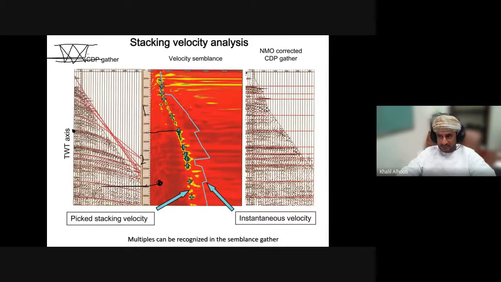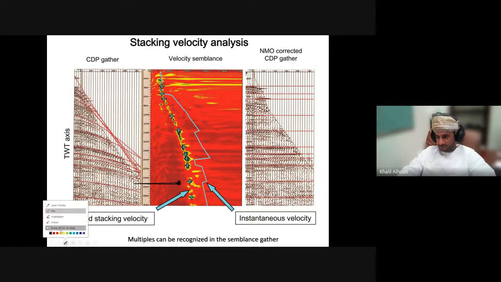Since it's still traveling in the same layer, it's not going deeper, it's still the same layer. It means this velocity, instead of here, it could be here. Let's make it clearer. So let's say it's here. So these and this velocity are the same.